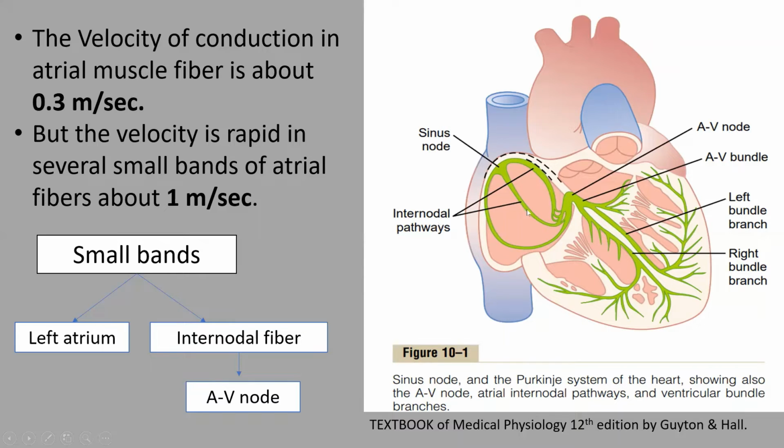The impulse is moving to the AV node. So the small bands are important for propagating impulse to the left atrium, and through the internodal pathway fibers, the impulse reaches the AV node.